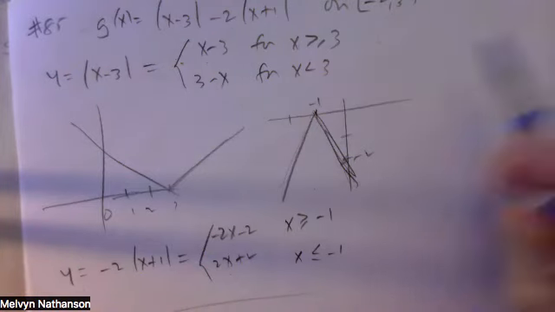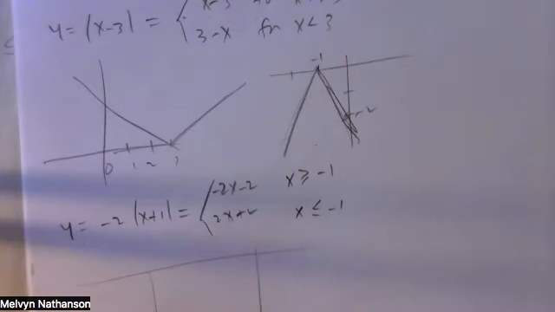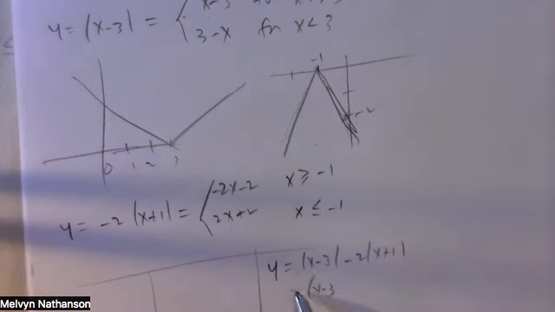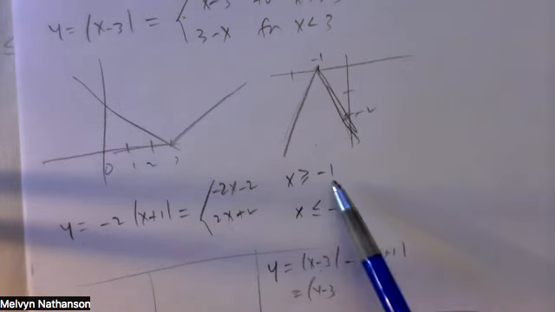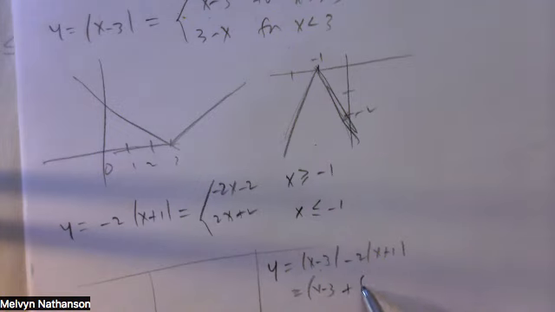So let me just draw a kind of picture of what this function looks like, where I have -1 and 3. So when x is greater than or equal to 3, y, which is the absolute value of x minus 3 minus 2 times the absolute value of x plus 1, is x minus 3 minus 2x minus 2.